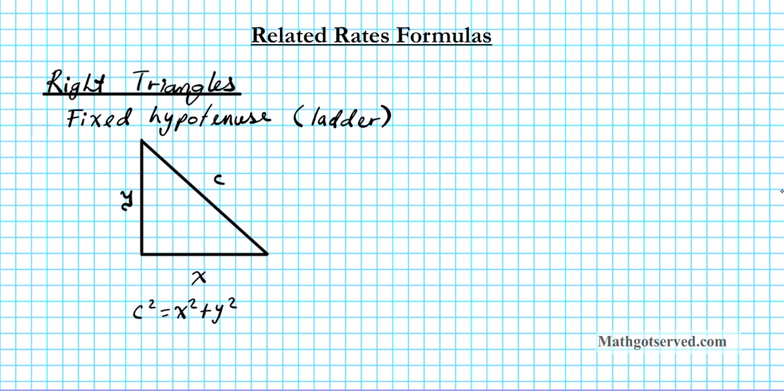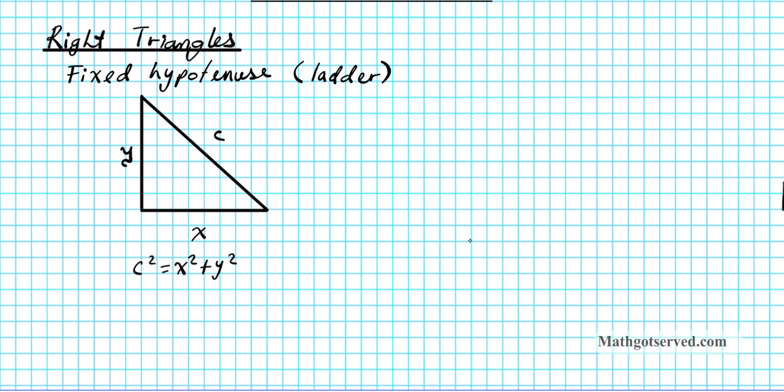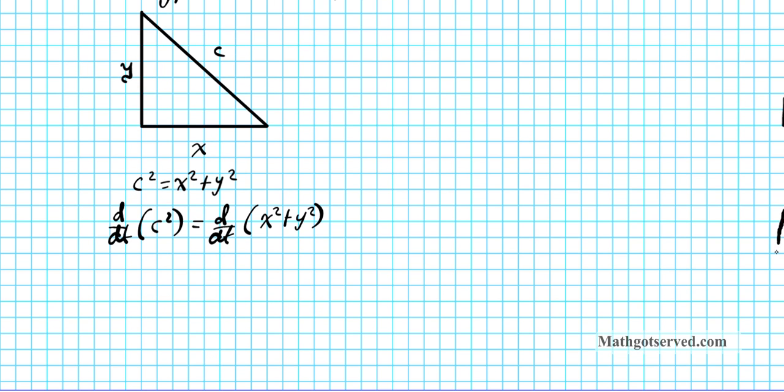So when you're doing a related rates problem with this, you differentiate both sides with respect to t. So you're going to have d/dt of c squared is equal to d/dt of x squared plus y squared. We're differentiating with respect to time.